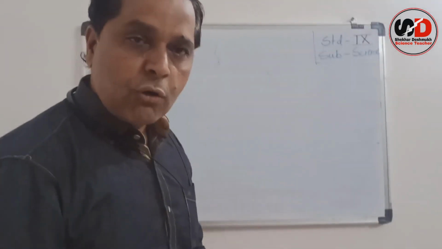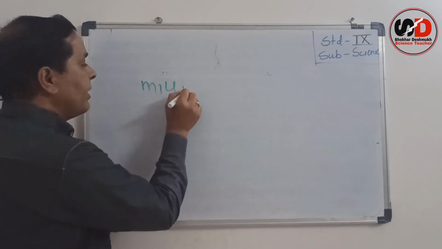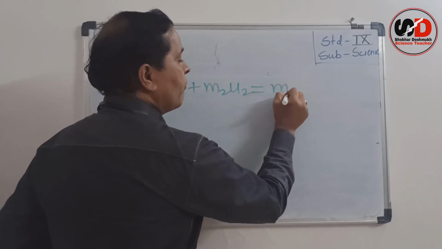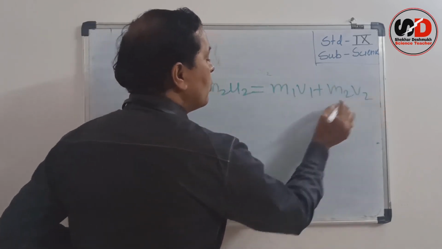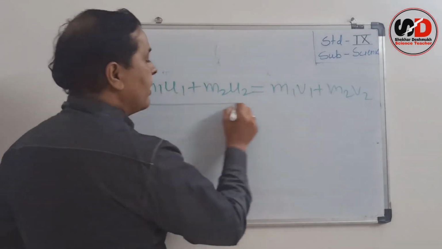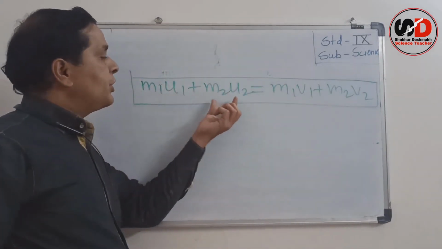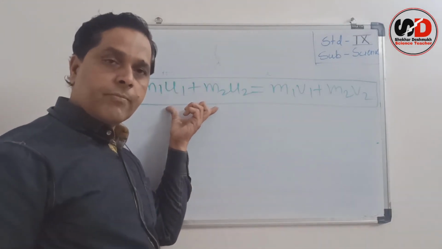I will write the formula here again. m1 u1 plus m2 u2 is equal to m1 v1 plus m2 v2. So m1 u1 and m2 u2, these are the total initial momentum of the colliding objects.